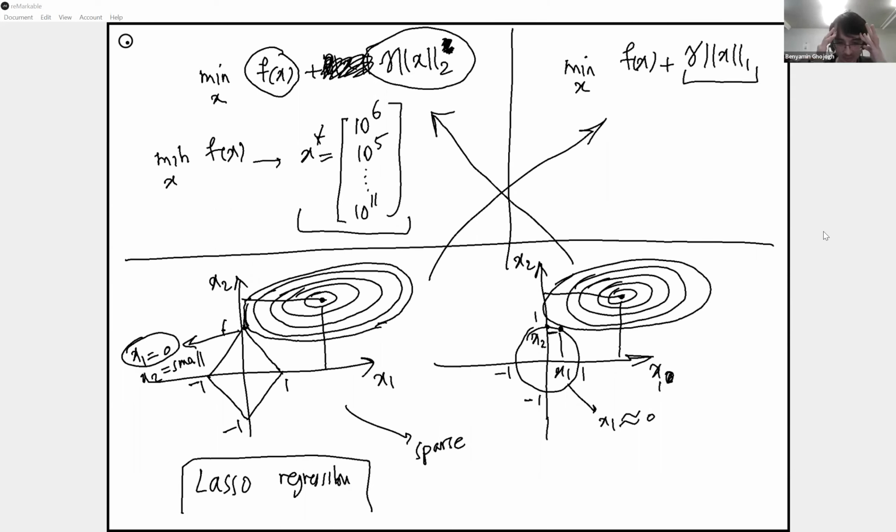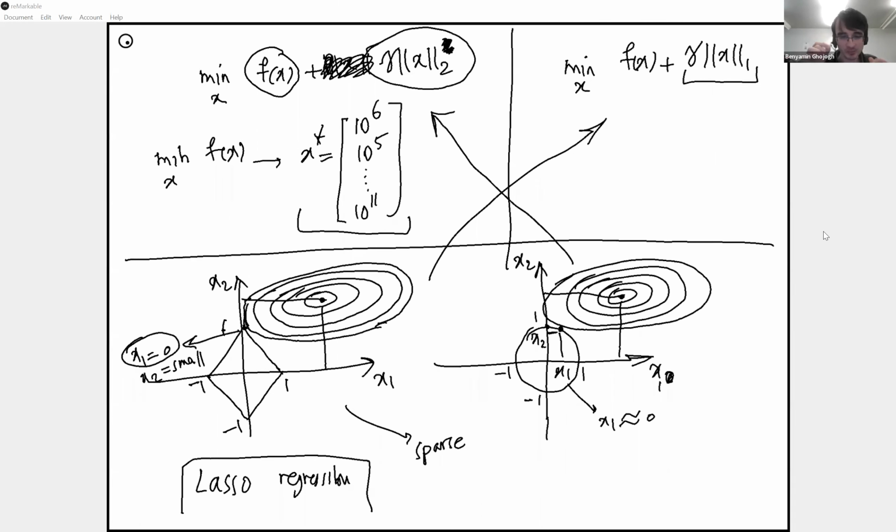Then increase the dimensionality to 4, 5, 6. You are increasing the corners. When the dimensionality goes to infinity, you will have a lot of corners next to each other. It becomes like a ball, but with a lot of sharp corners. You can't touch it without hitting sharp corners, right?